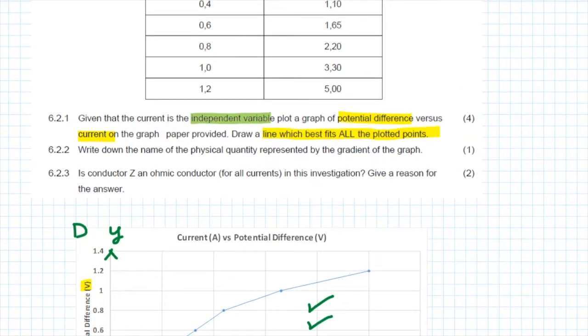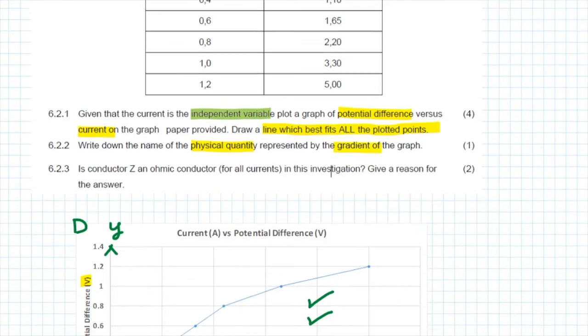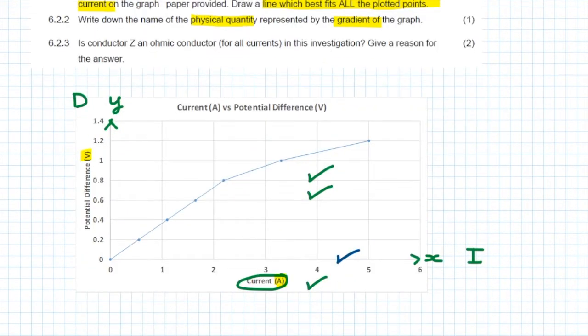Now question 6.2.2 says, write down the name of the physical quantity represented by the gradient of the graph. So in this case, we only have a straight line over here, not the entire line is straight. But if we would like to calculate gradient, remember gradient in physics or physical science is not given the symbol m.